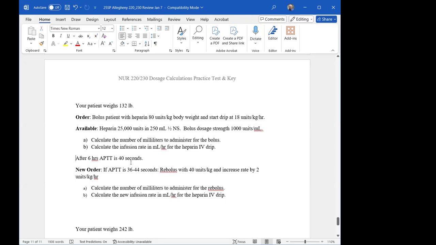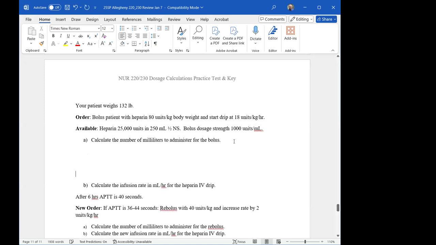Before we get started, a couple of things. When you're dealing with the heparin protocol, you'll know because it'll say these heparin things in units per kilogram body weight, and it'll ask you two questions.